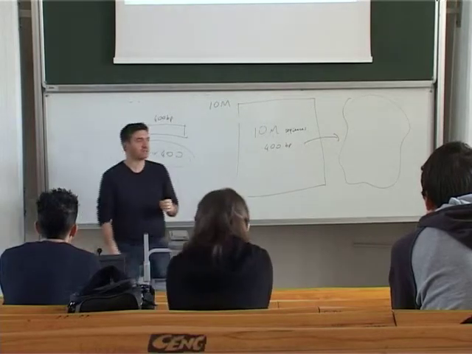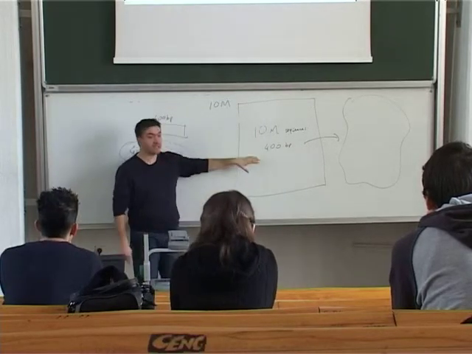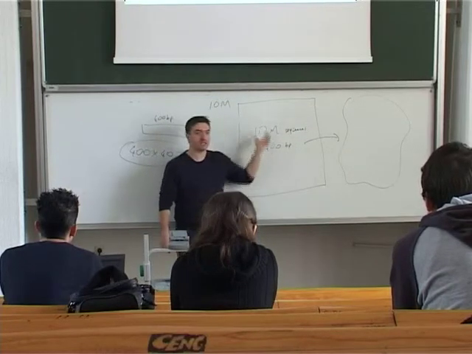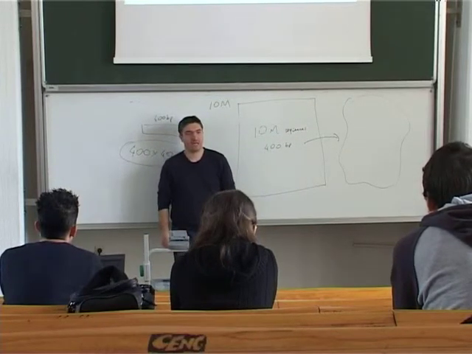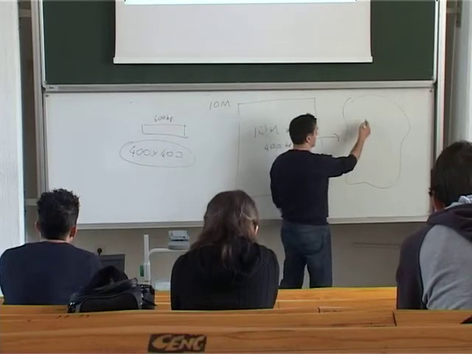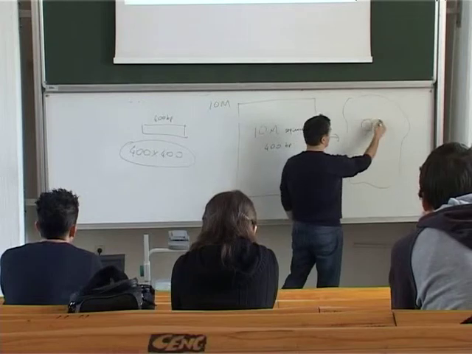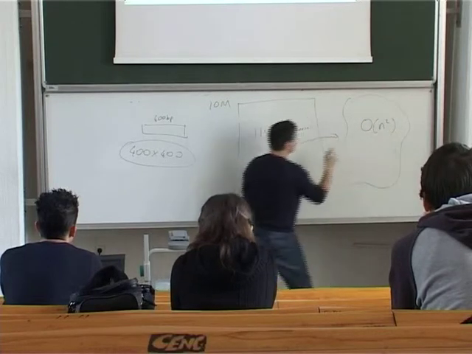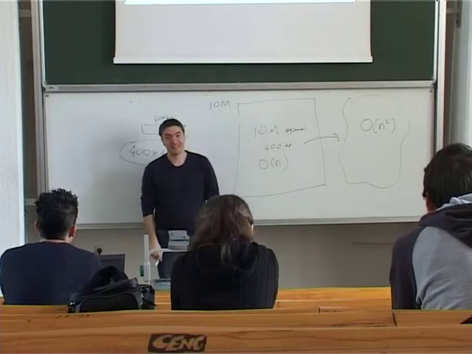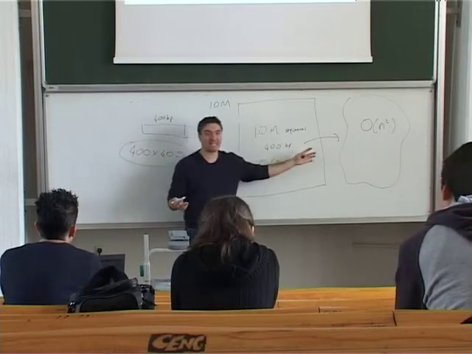You generate an index file for your sequences, and what is the size of your index file? If the generated index is, for example, on the order of n squared, if you have n sequences, this is going to be unacceptable.